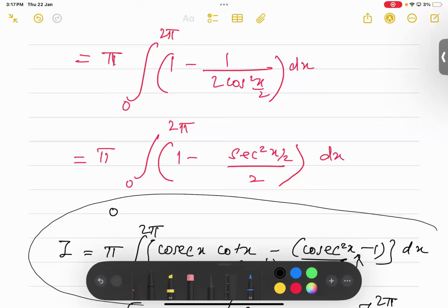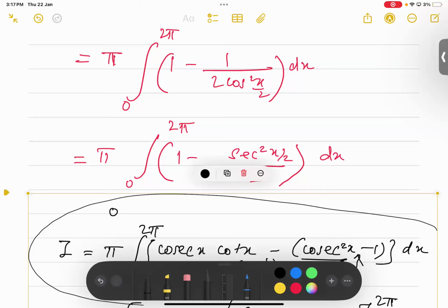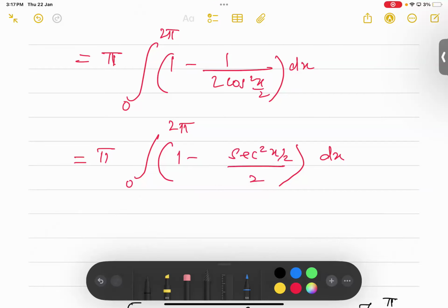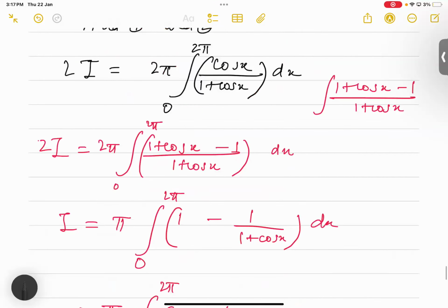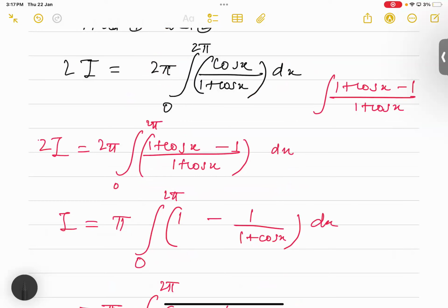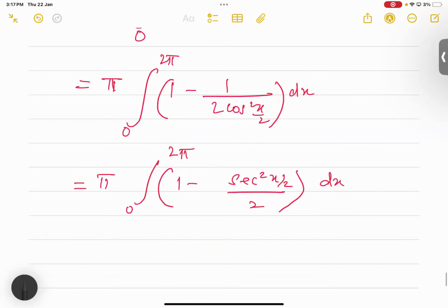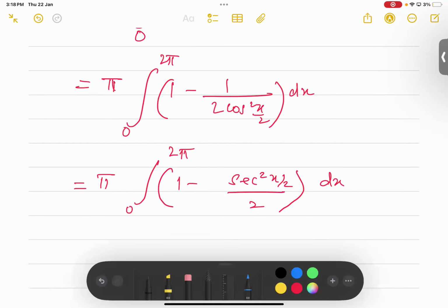Yes or no? Look at the steps. I did 1 plus cos minus 1. So rationalization did not work over here. Problems can be framed anyhow. We cannot just memorize each and every problem.